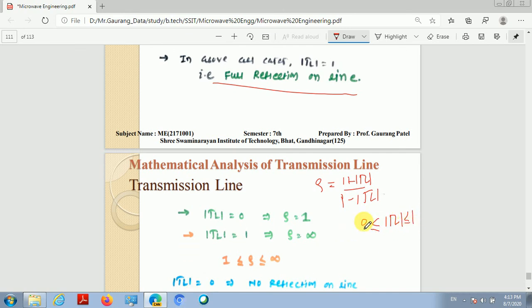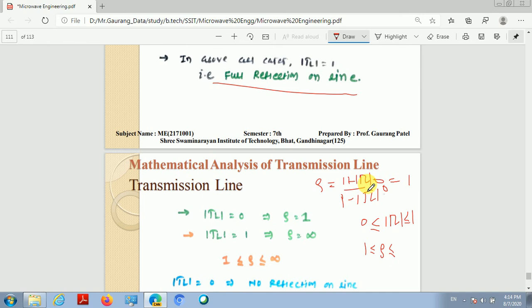So if we consider the lower bound of this reflection coefficient, if we put gamma L equal to 0, then what will I get? The VSWR is 1. So the lower bound on the value of the VSWR is 1. Now let's find the upper bound by putting the upper bound of the reflection coefficient.